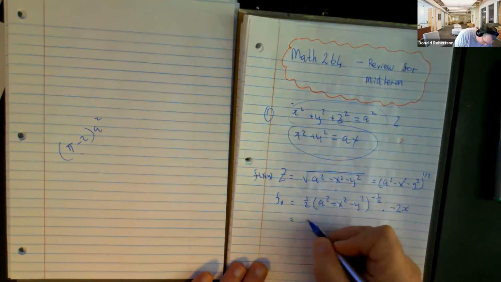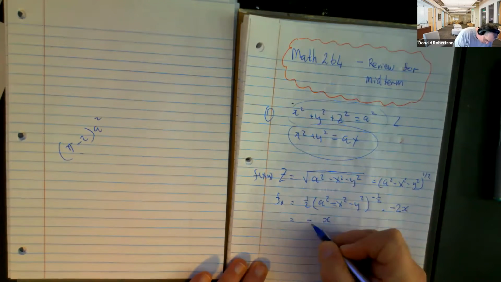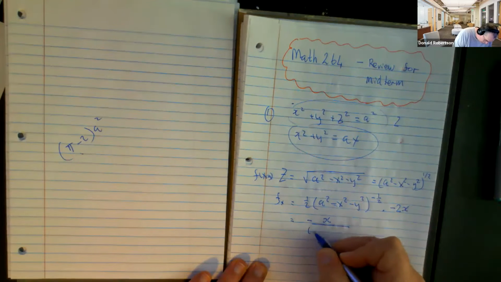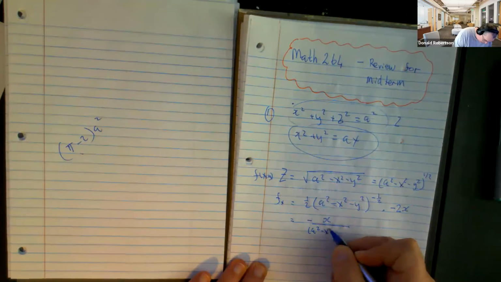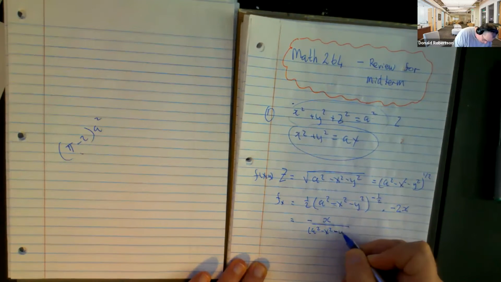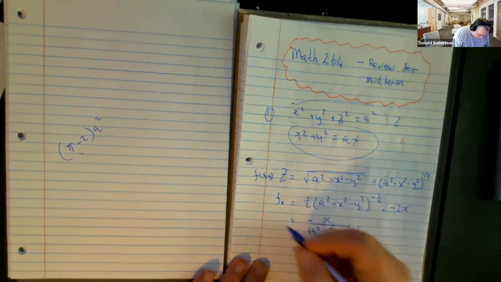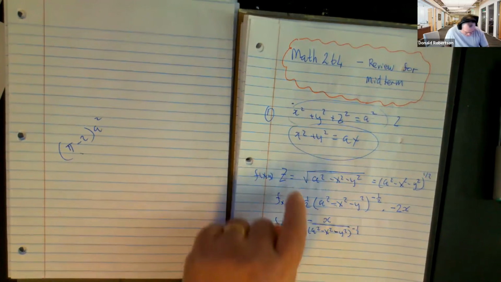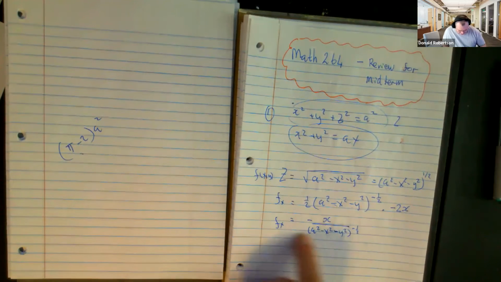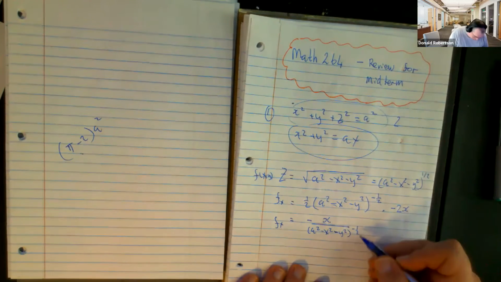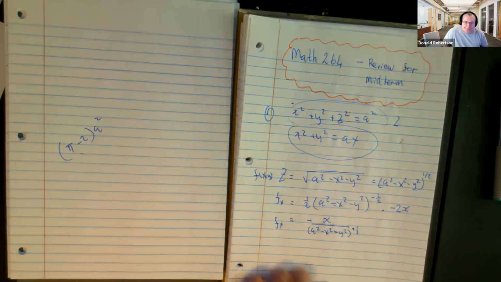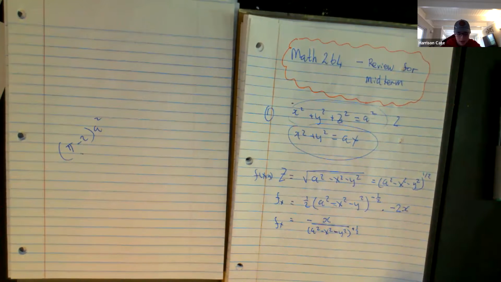When you tidy that up, you get -x over the square root of a squared minus x squared minus y squared. Are you comfortable with the partial derivative with respect to x? And that's a +1/2, by the way. Yeah, because our a squared minus x squared minus y squared is in the denominator, oh yeah, positive 1/2.